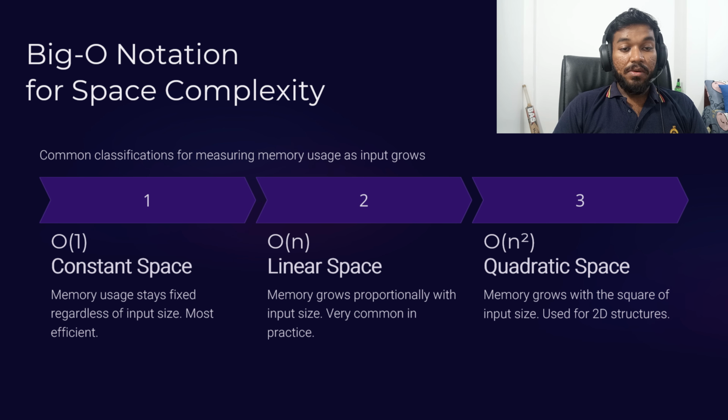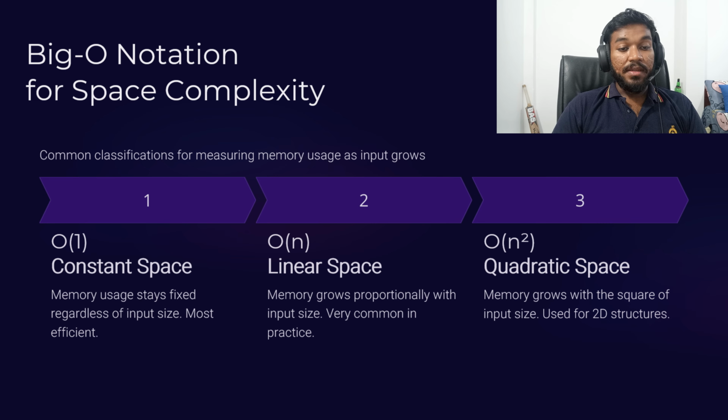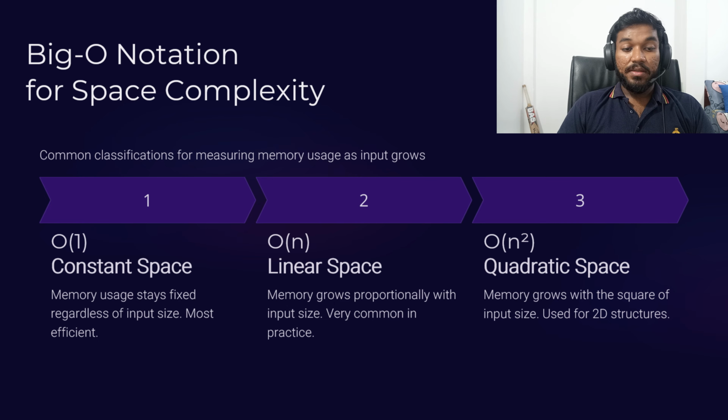We use big O notation to represent space complexity. O(1) means constant space, where memory usage does not change with input size. Example, swapping two variables. O(n) means linear space, where memory grows with input size.